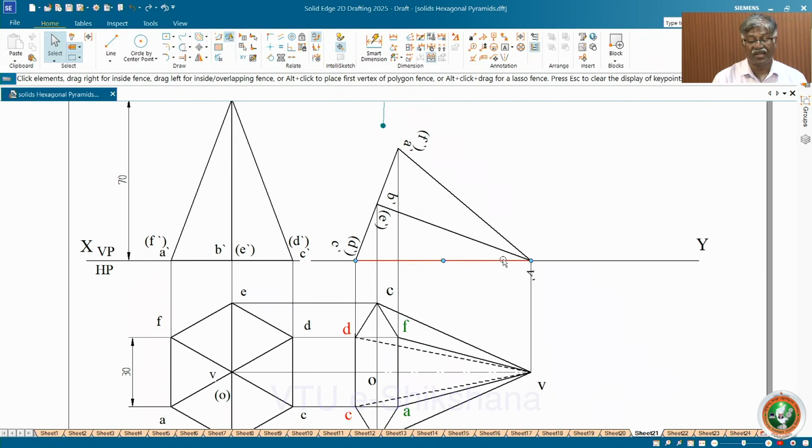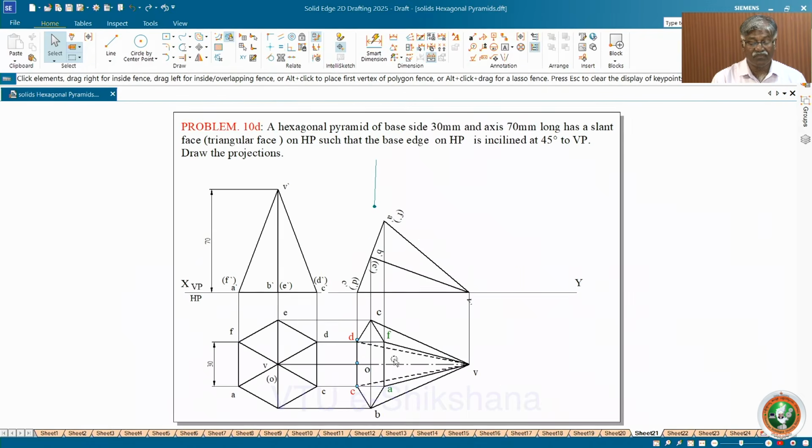Definitely, see this line represents the CDV line on HP because it is perpendicular to VP and on HP. That's why it's a line. Now this is the true shape. CD is the true length. He wants this particular line CD inclined at 45 degrees to VP. That's all. Now let me do that job.